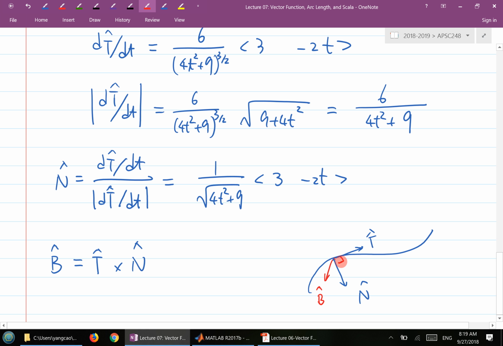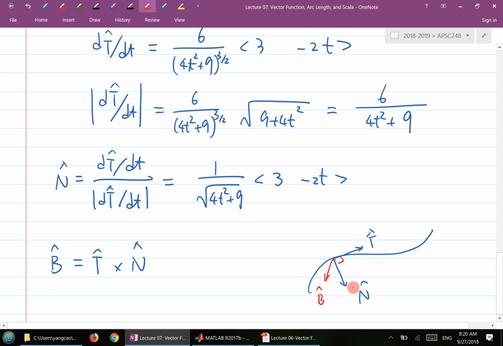So the T hat, N hat, and B hat are basically 3 unit vectors perpendicular to each other, forming 3 perpendicular planes, essentially, right? And this is exactly the kind of idea used to define a coordinate system. So when you have a Cartesian coordinate system, you basically have i hat, j hat, and k hat, 3 unit normal vectors.